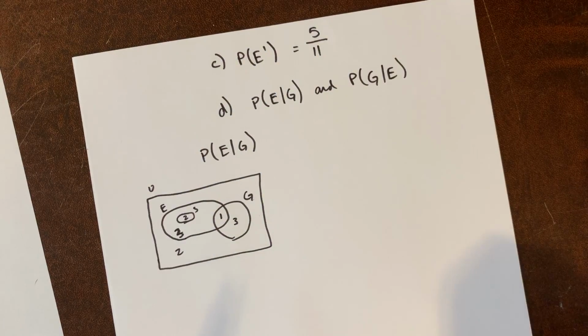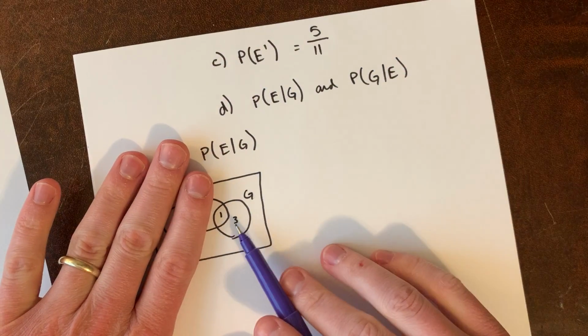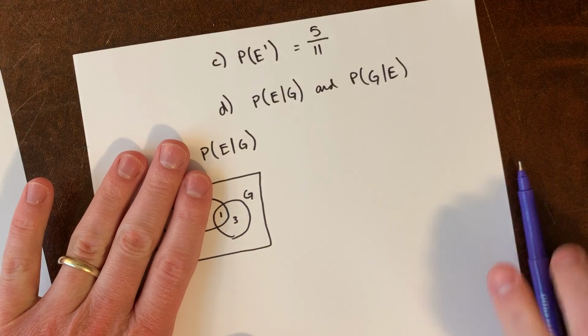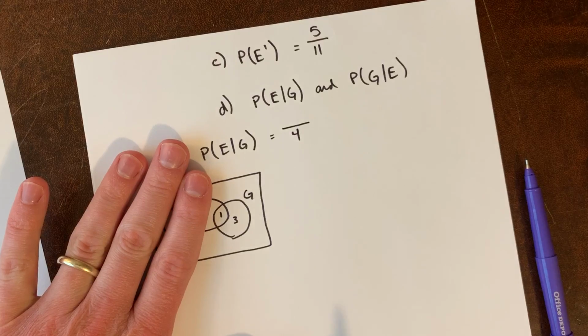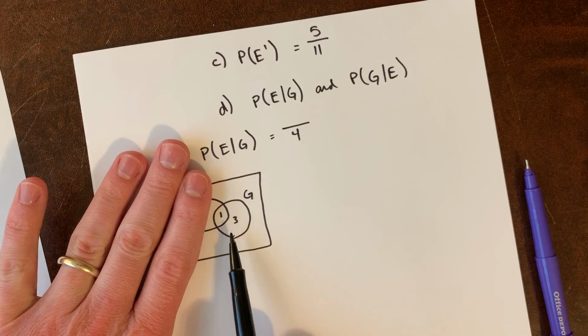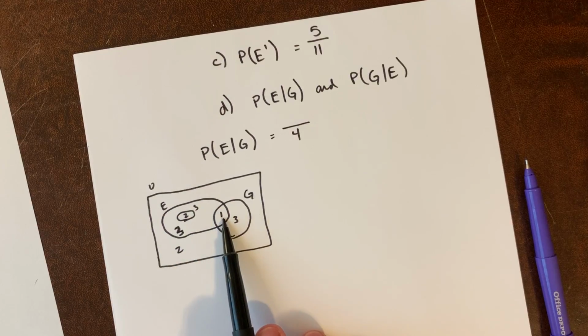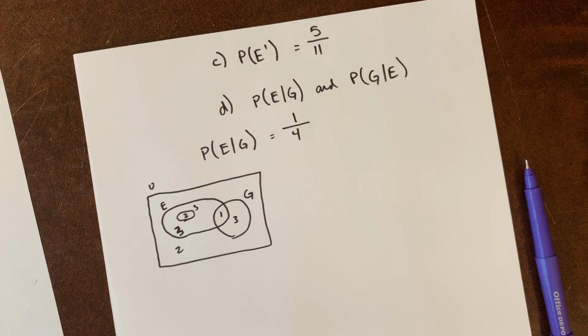I know that they're taking G. All right. So my whole world, I get rid of that part. The only students that I'm considering are these students. So my total number of students is out of 4, because there's only 4 students that are taking the G class. All right. Now, how many of them are taking E? That's going to be in the overlap here. So it's going to be 1 out of 4 for the probability of E given G.